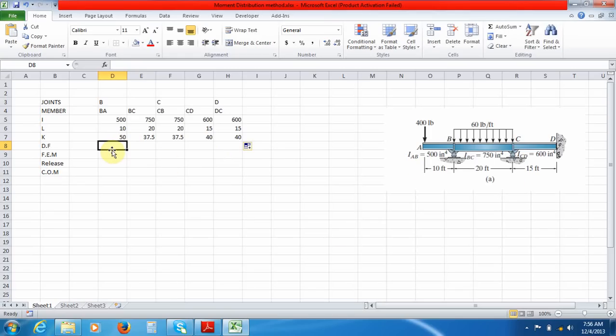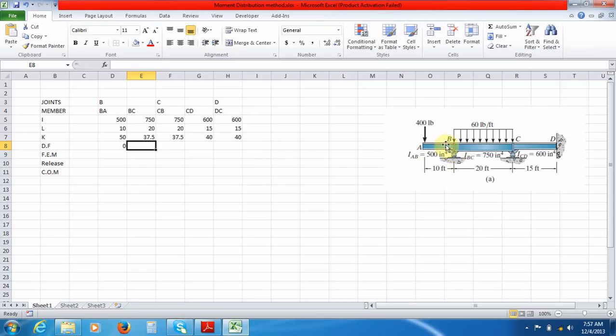Now we'll proceed towards distribution factors. Distribution factor here will be 0 because it's the last end point. BA is actually a cantilever, so no moment is distributed, so distribution factor in this case will always be 0. And we'll start our question from this one.